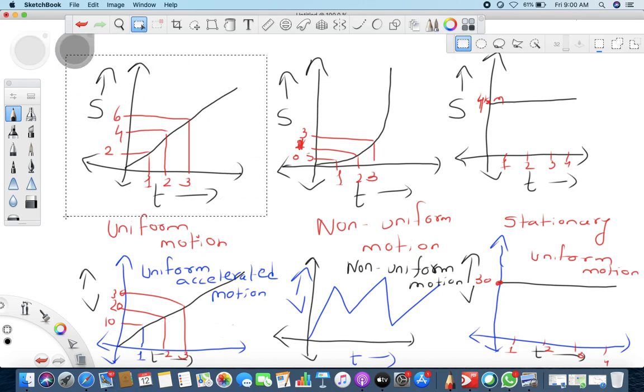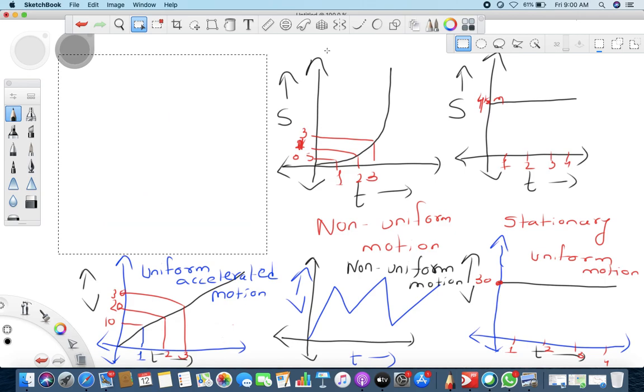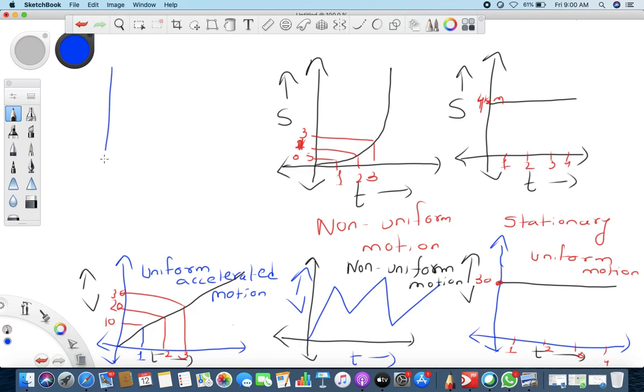I have to erase this, let me erase and show you. One more graph I'm going to show you, you tell me what this means. So here, let me put it in this way, and the graph starts from up and it is going down. Now, what kind of graph is that?